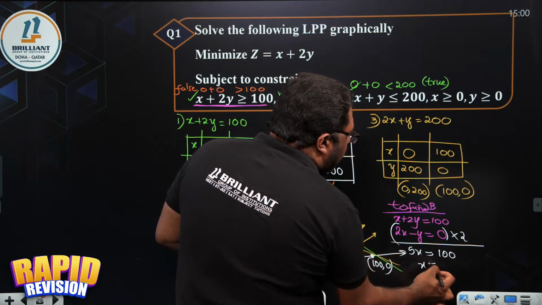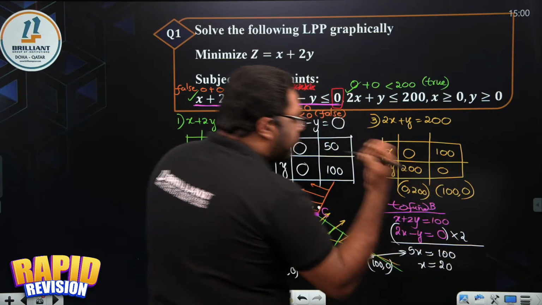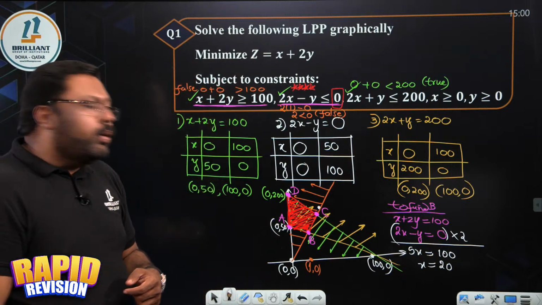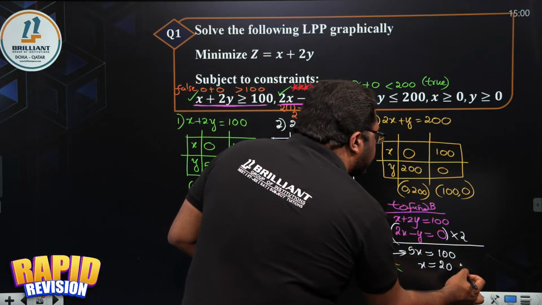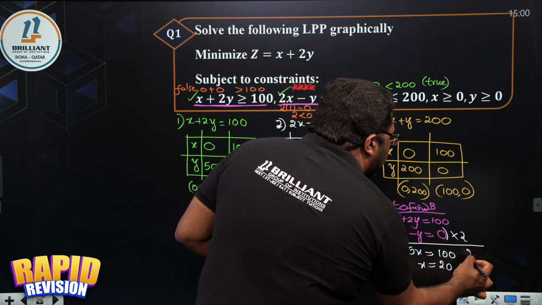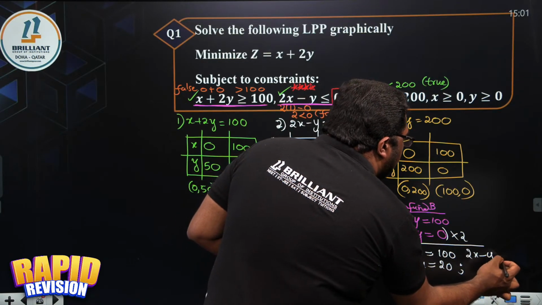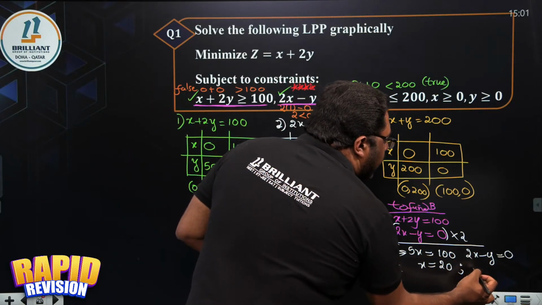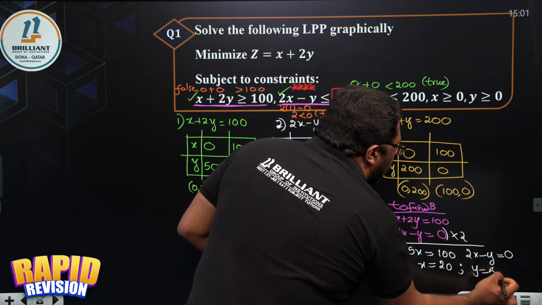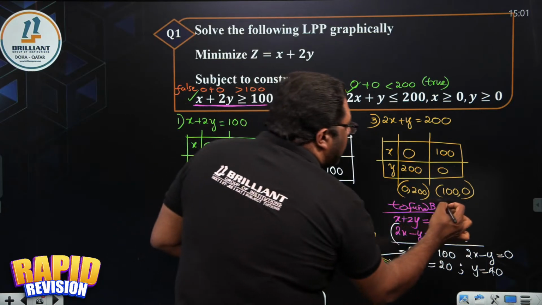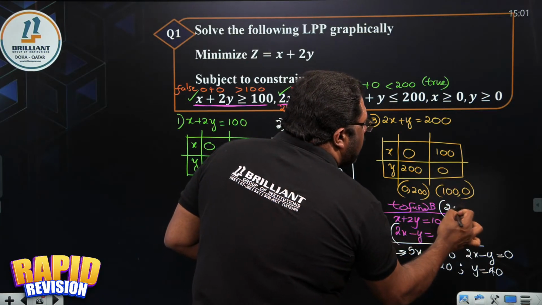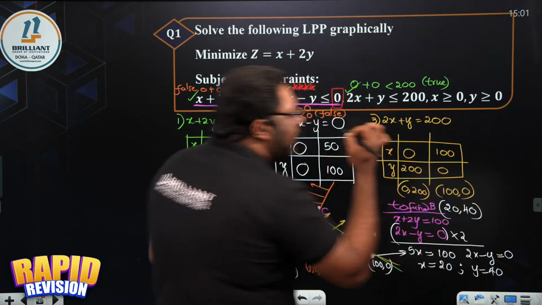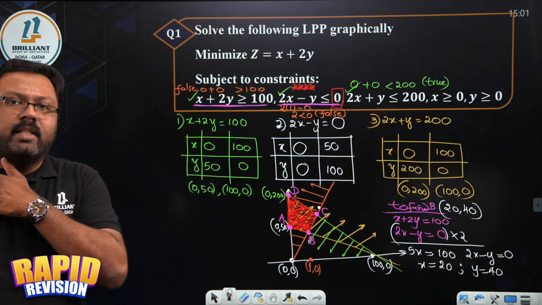So x is equal to 20. For B, x is equal to 20. Get y. If x is 20, 2x minus y equal to 0. X is 20, so y is equal to 40. So I got the point B, which is 20, 40. I think everybody is clear.